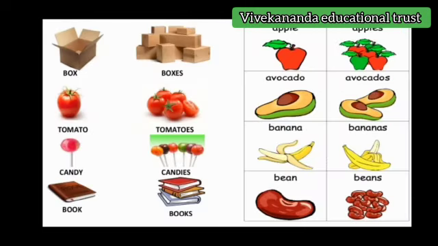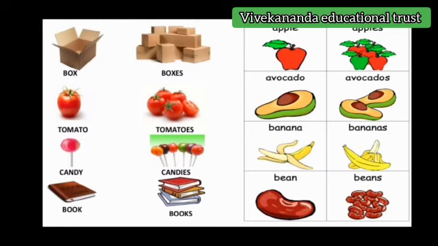Okay, let's see some examples. Box. When we change the box into boxes, we have to add es at the end of the word. Next example, tomato. Tomato ends with the letter O, T-O, consonant and O. So we have to add ES at the end.